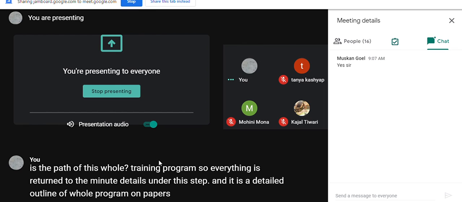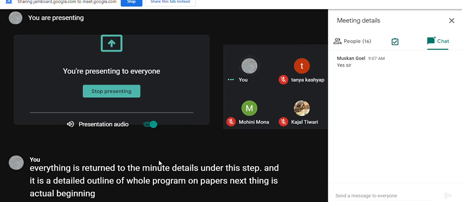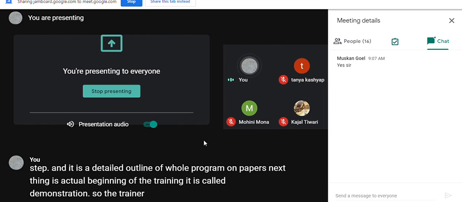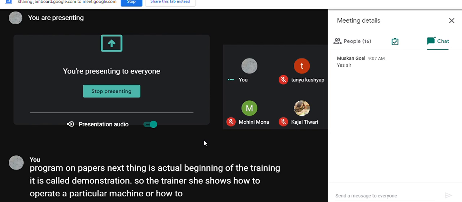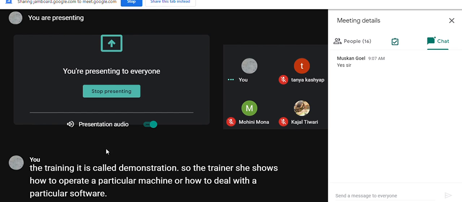The next thing is the actual beginning of the training. It is called demonstration. The trainer shows how to operate a particular machine or how to deal with a particular software. Please correct the spelling of demonstration.